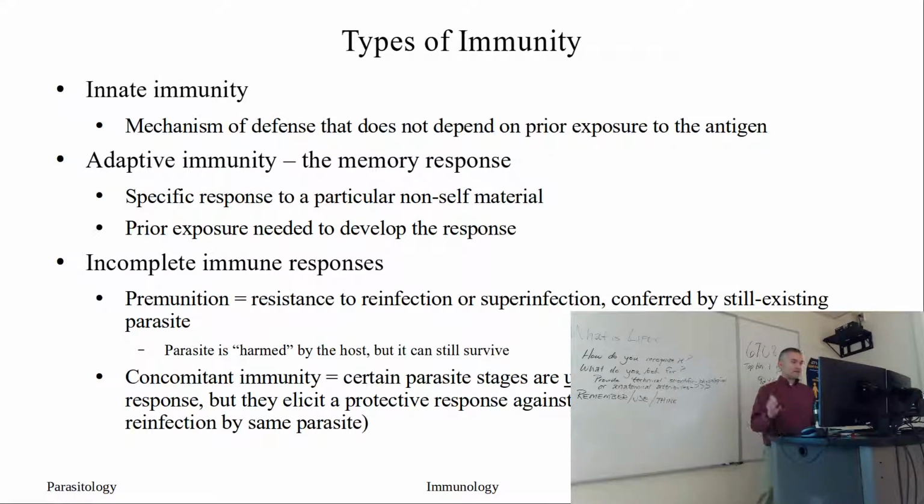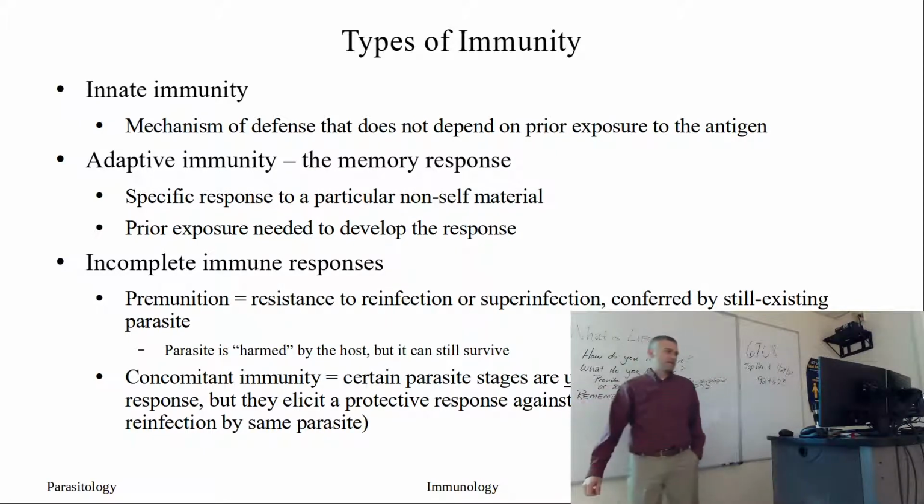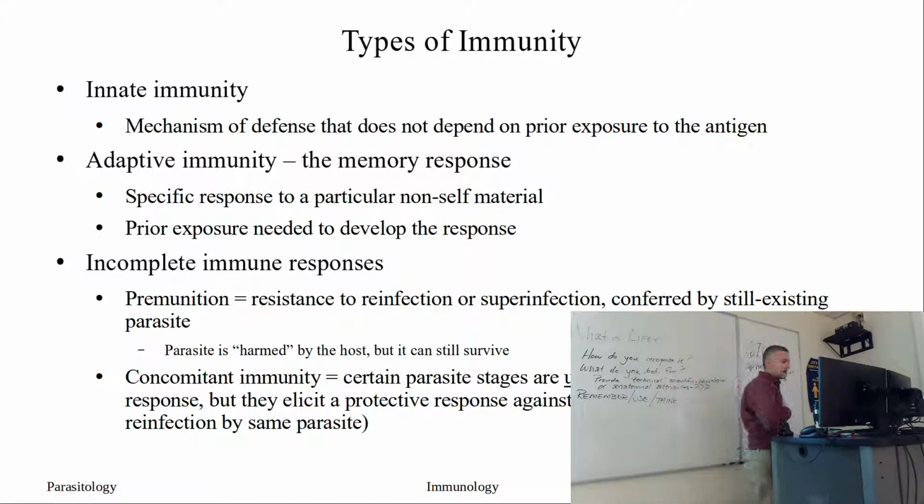All right, so innate immunity is that mechanism of defense, as I just said, that doesn't depend on prior exposure. I guess we already went over that. So premonition and concomitant immunity, we will see these. I will define these again. But premonition is resistance to reinfection or superinfection conferred by the still existing parasite.